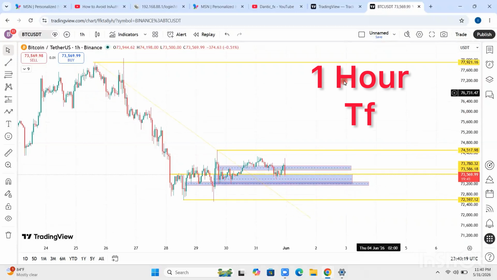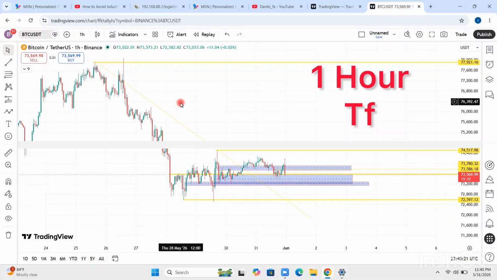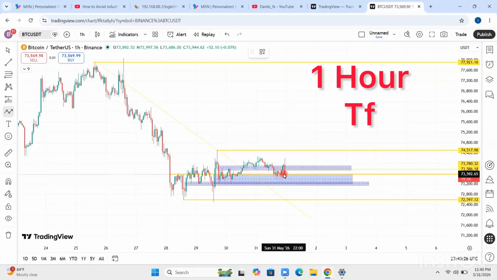Since we have something like this, let's say you want to get into this trade, you have to wait for the market to create another higher high. Then you know that the market is now fully bullish. Okay, the buyers are in. Now the buyers are bigger than the sellers.